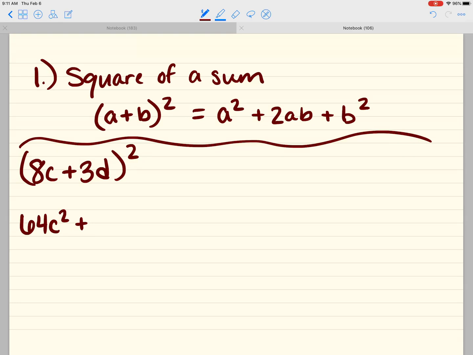What is 8c times 3d? Well, multiply them together for me first. 24cd. Double that to get 48cd. Right, then your last step would just be to square your last term. 3d squared would give you 9d squared.